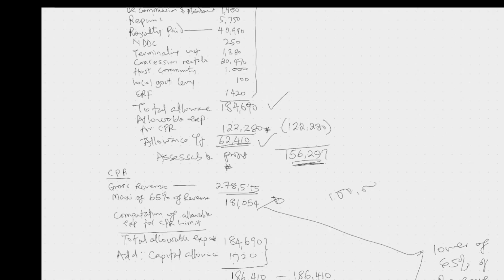There will not be restriction, because by that time this figure would have been even more than this. So you will not carry forward anything at that instance. You will not carry anything forward if your expenses are more than the 65%. Do you understand? Okay, sir.